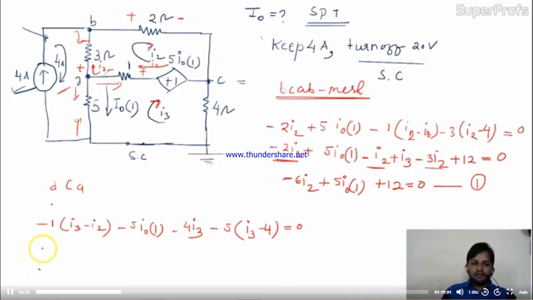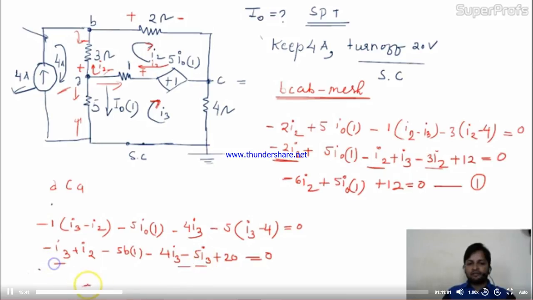Okay, again I'll simplify this. I'll get I3 plus I2 minus 5I01 minus 4I3 minus 5I3 plus 20 equal to 0. Is it okay? Now see, 5, 4 and 1: minus 10I3. What about I2? I'm having only a single term of I2.